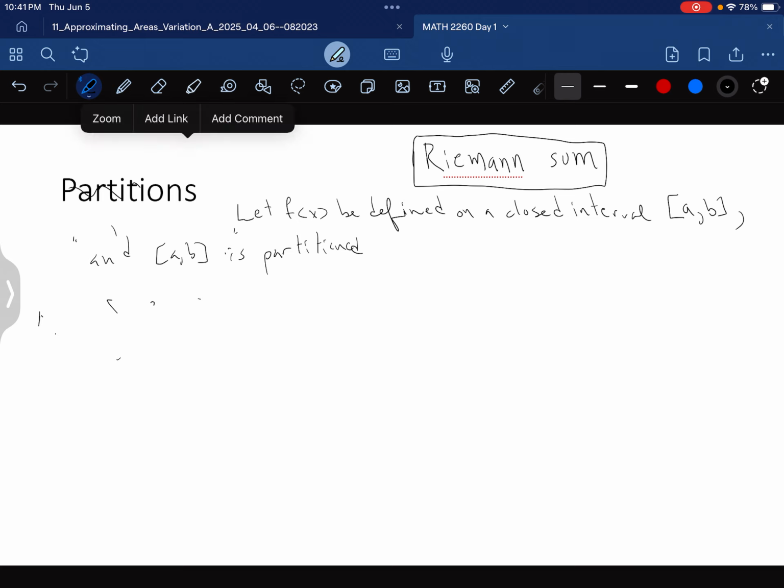And using the same notation we had before, let delta x be the width of each subinterval.